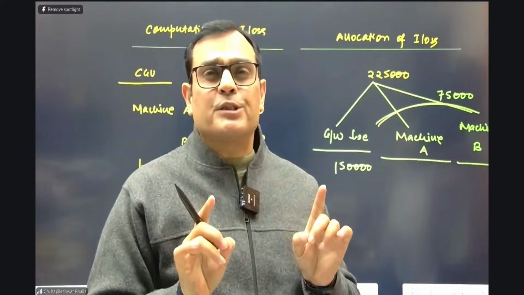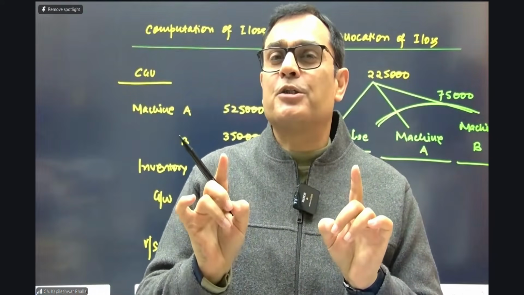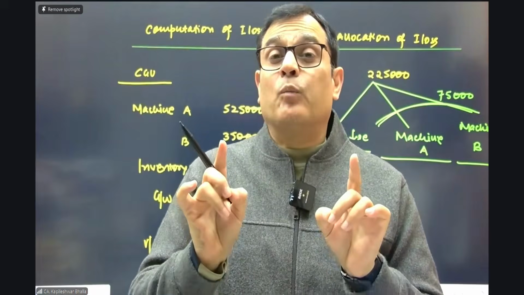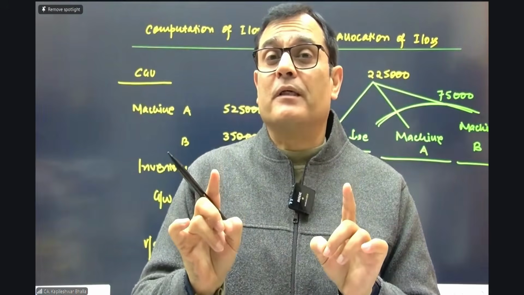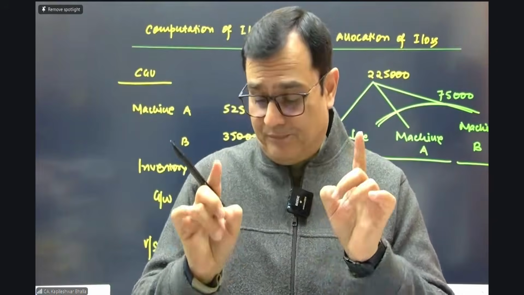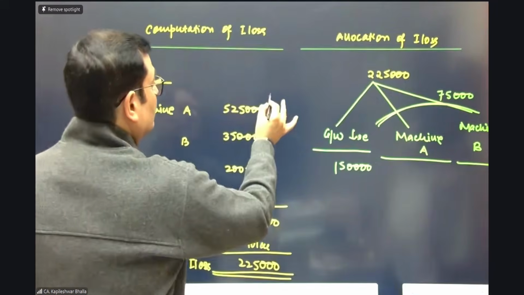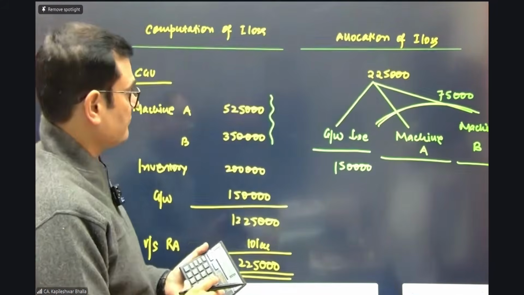But once you divide this in the book value ratio, we need to see that A doesn't get a larger share of impairment loss. The revised value post impairment should not fall below its recoverable amount. Let's first of all calculate the difference. Let's divide this in the book value ratio.